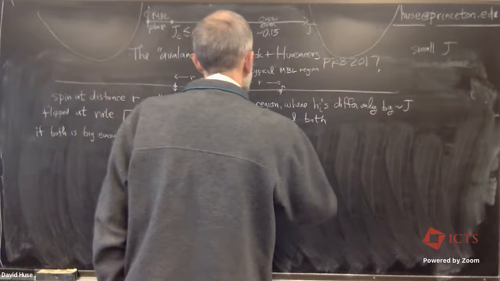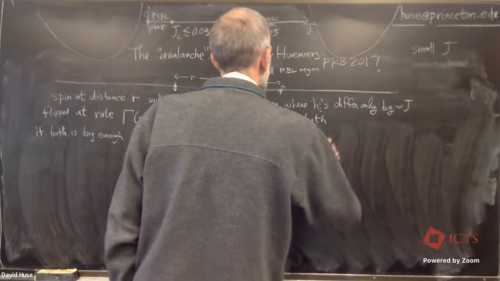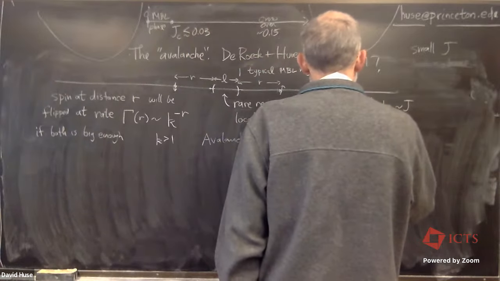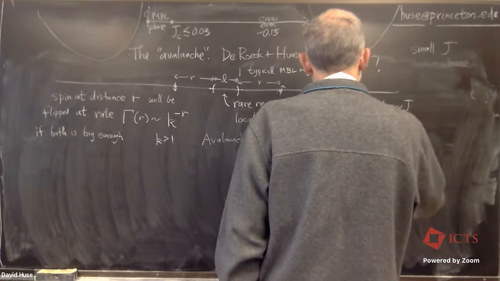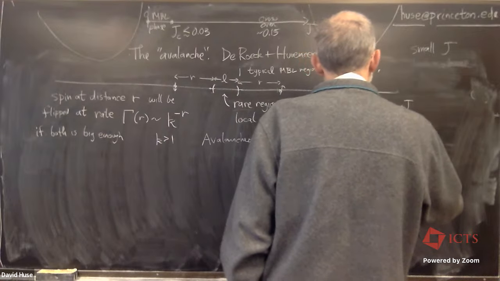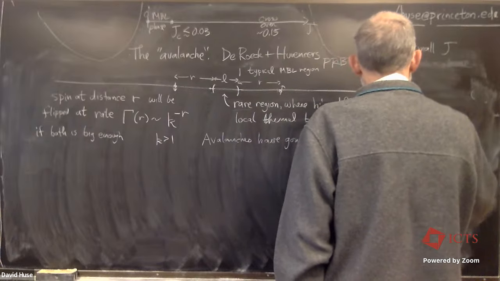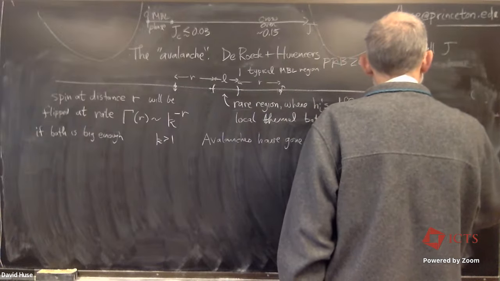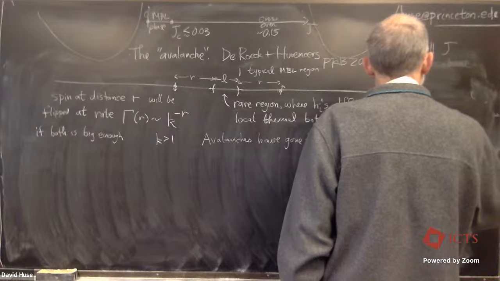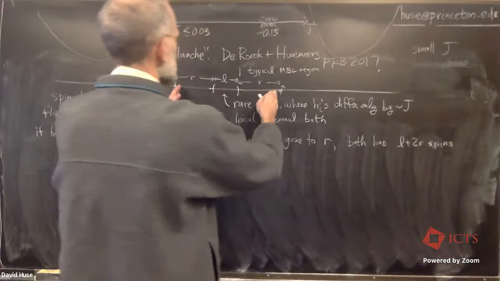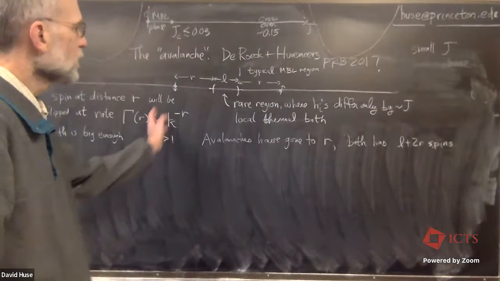So the avalanches have gone to R. Now the bath has L+2R spins, so it's thermalized all the spins out to distance R, and now the bath is bigger.